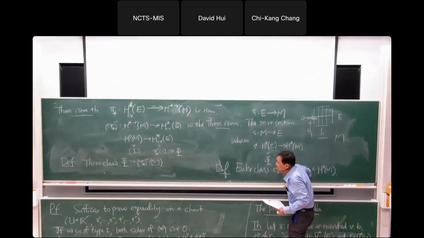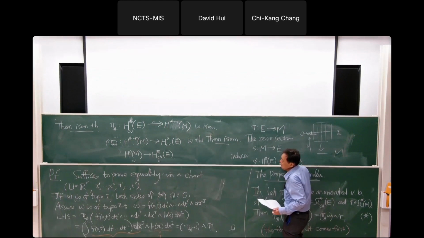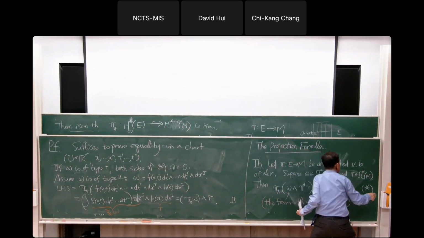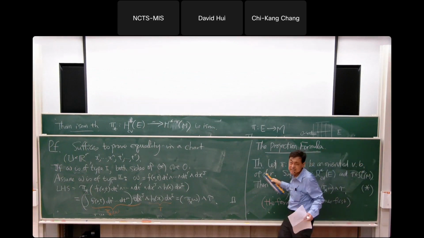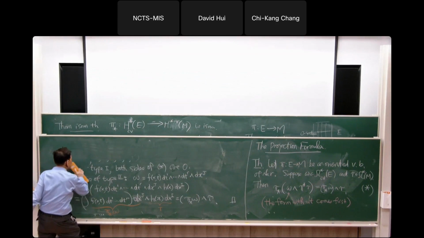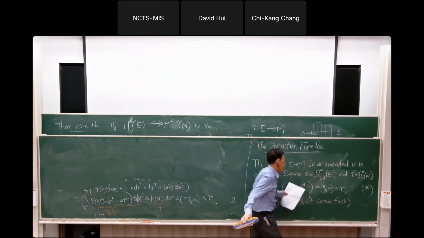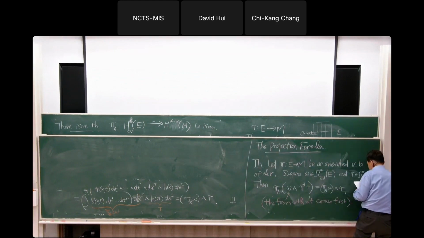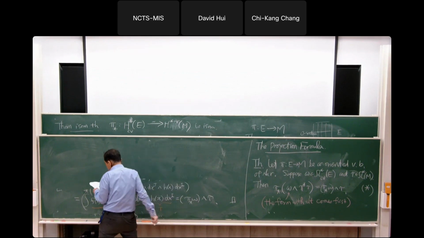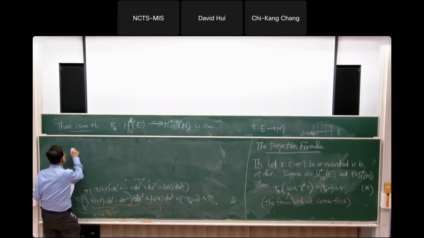And then, finally, I want to show you one way in which the Thom class is useful, and that is, it allows you to write down explicitly the Thom isomorphism. So we have this formula, right?